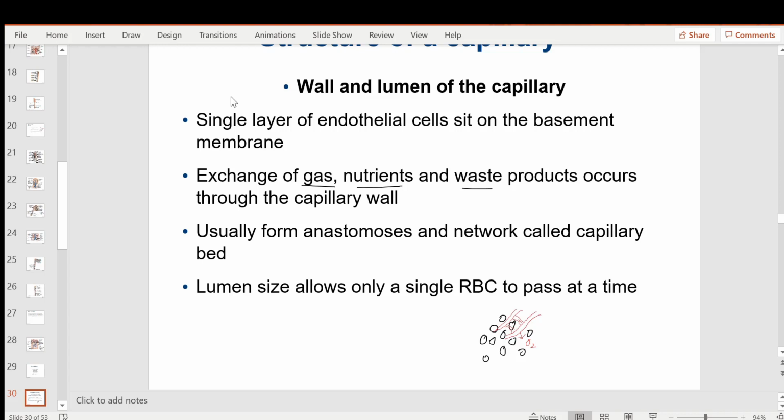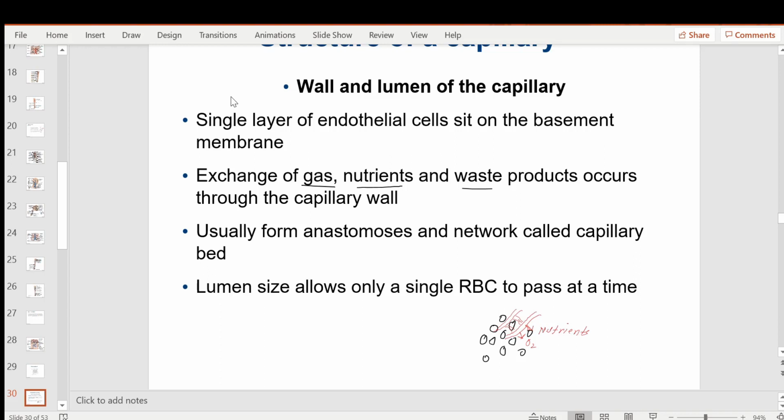As well as nutrients also get out. So those two things are given to the tissue. Tissue needs these things, right? Oxygen and nutrients. So they leave the capillary through the capillary wall.